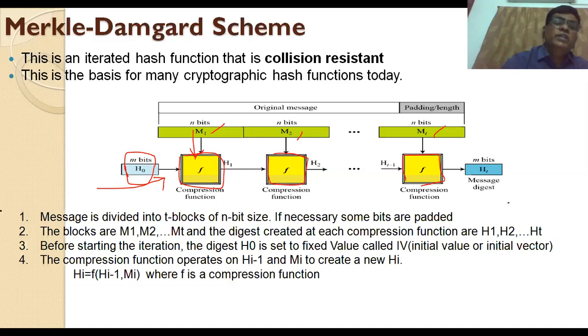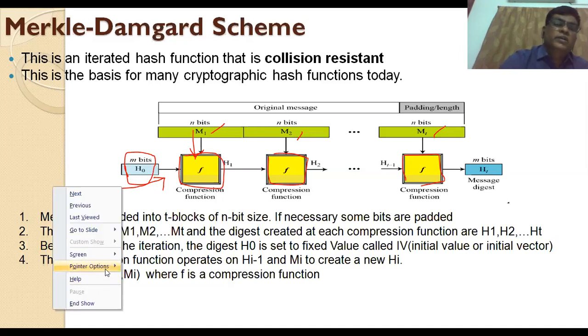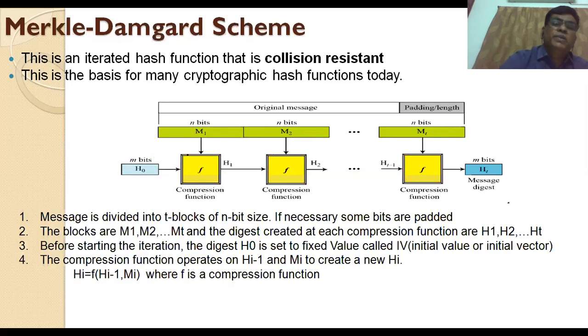After performing the first compression function on M1 and h0, it produces the first hash value output H1.